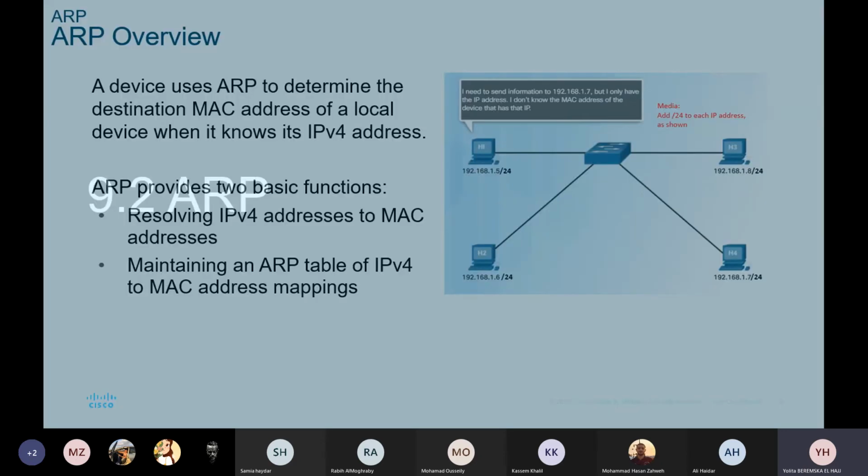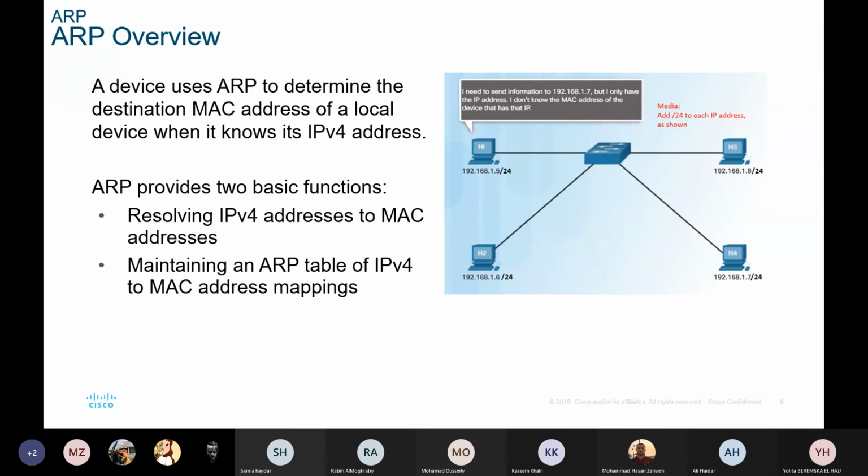So the main reason to use ARP is to obtain the destination MAC address. We have two basic functions that ARP can provide: to resolve IP version 4 addresses to MAC addresses, and also to maintain the ARP table of IP version 4 to MAC address mappings.